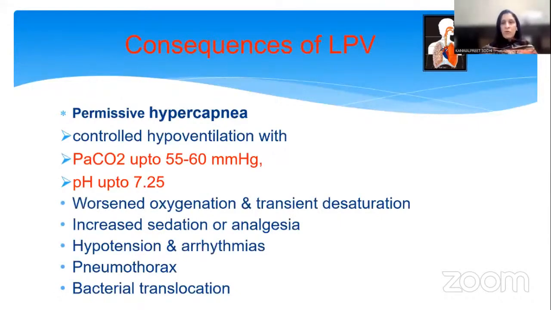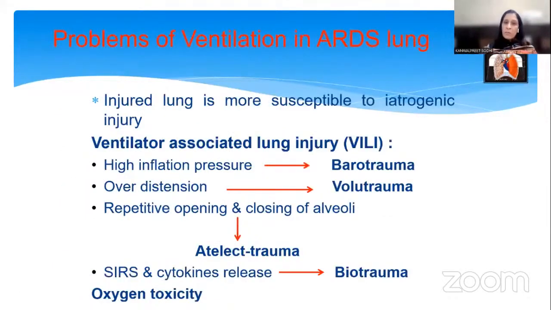Also, lung protective ventilation is associated with worsened oxygenation and increased need for sedation or analgesia. There can be hypotension, arrhythmias, pneumothorax, and most important, the iatrogenic lung injury, that is the ventilator-associated lung injury. It can be because of high inflation pressures leading to barotrauma, over-distension leading to volutrauma, or repetitive opening and closing of alveoli leading to atelectatic trauma, or the SIRS and the cytokine release leading to biotrauma.